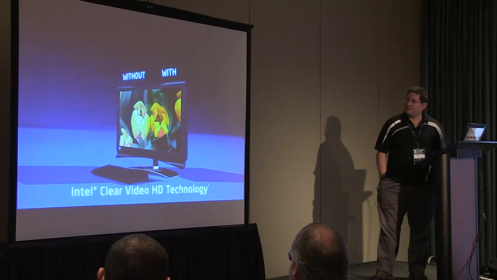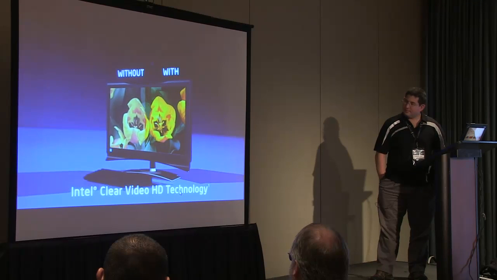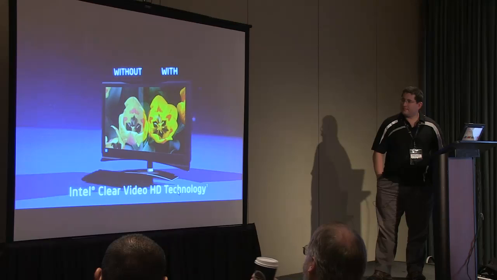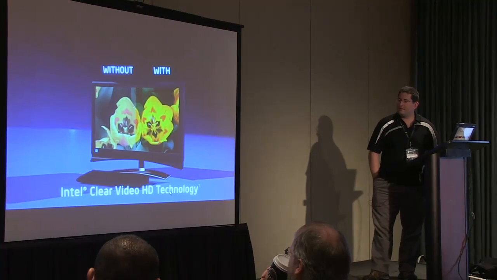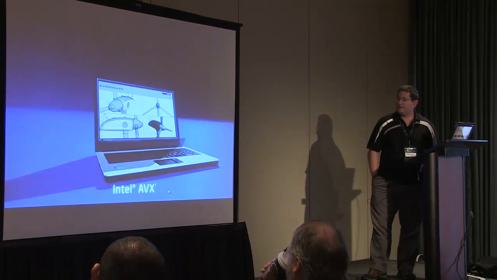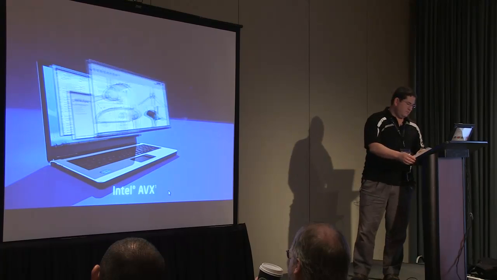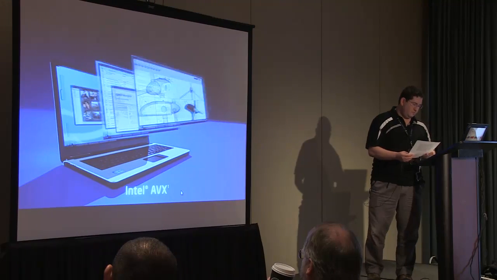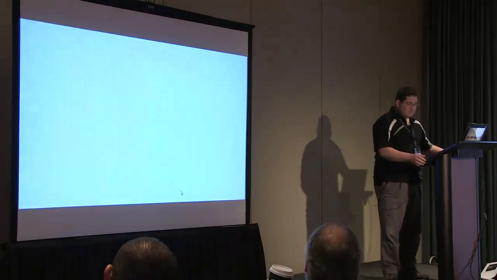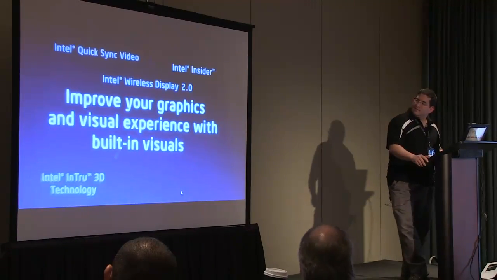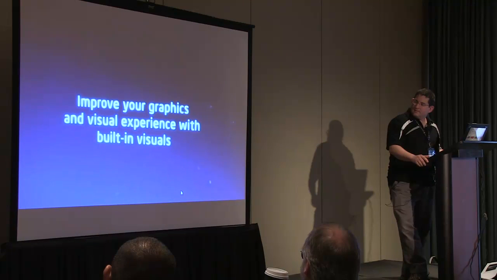Intel Clear Video HD technology delivers picture-perfect images using a variety of advanced visual technologies that optimize high-definition video playback and provide sharp image quality. Intel Advanced Vector Extensions, or Intel AVX, extends the Intel 256-bit instruction set to speed 3D and other vector operations. These built-in visual features combine to significantly improve your overall graphics and visual experience.